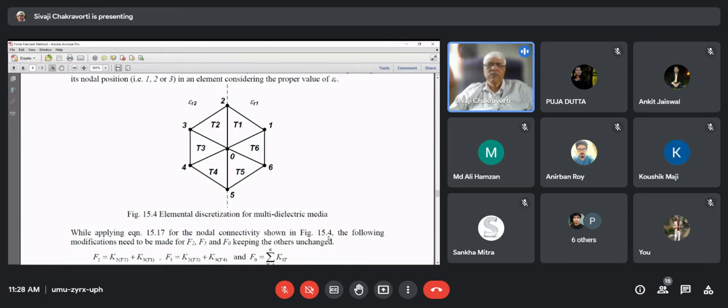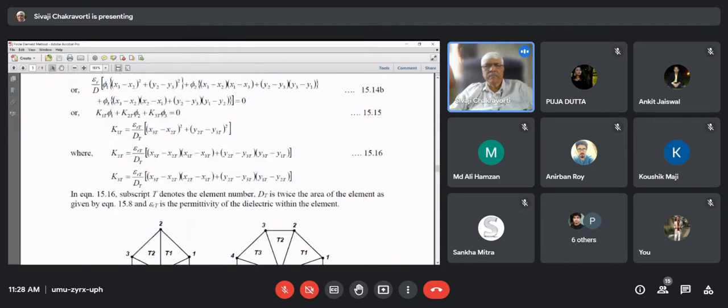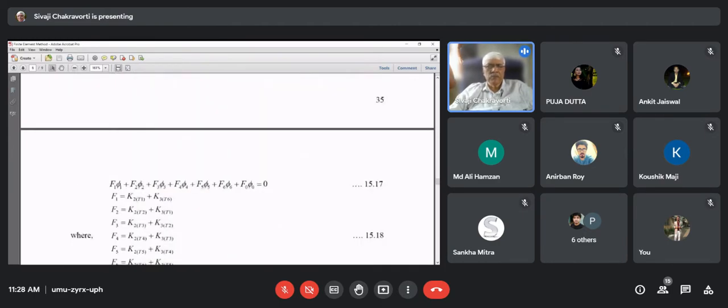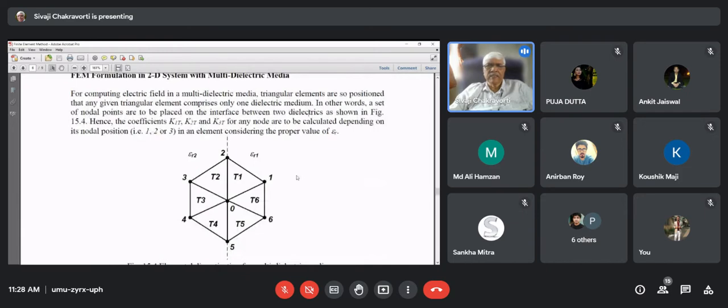We just take the appropriate value of epsilon r and use the same equations, 15.16 and 15.17, with no changes. That's the whole beauty of FEM, and that is the first thing by which FEM replaced FDM: people immediately understood that FDM is not good enough. FEM is much more powerful.